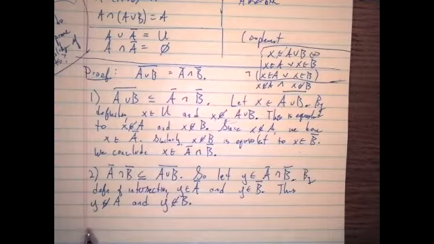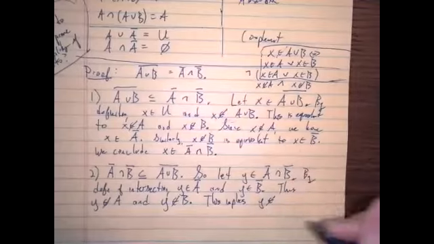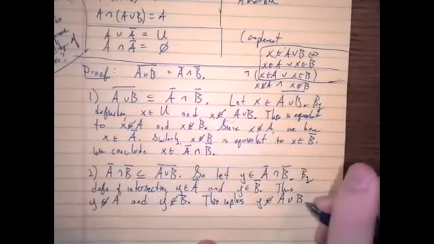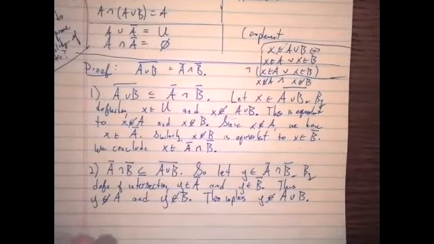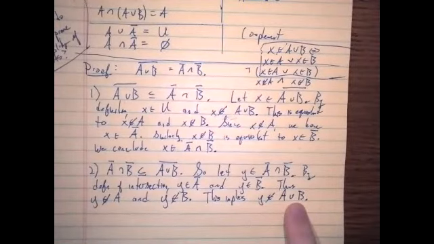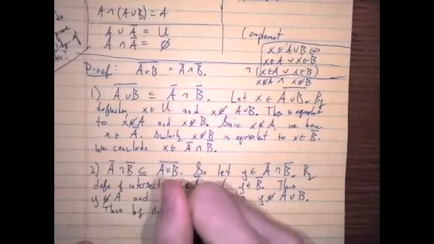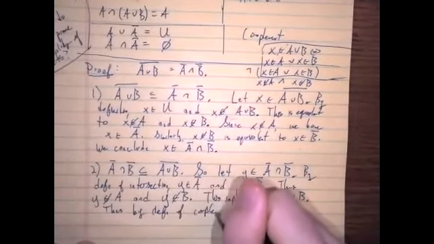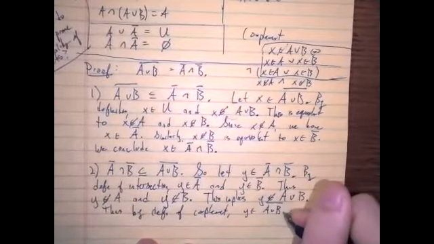That's right. This implies that Y is not inside A union B, because it's not in this set and it's not in this set, so it's not in their union. And what does it mean if Y is not inside a set? It's in its complement. Exactly. Thus, by definition of complement, Y is inside A union B complement.